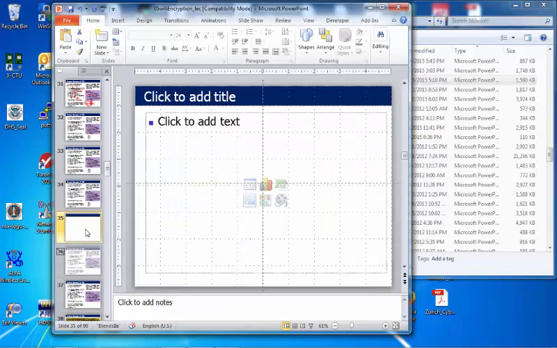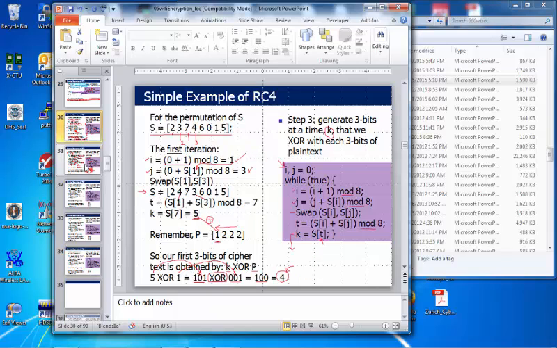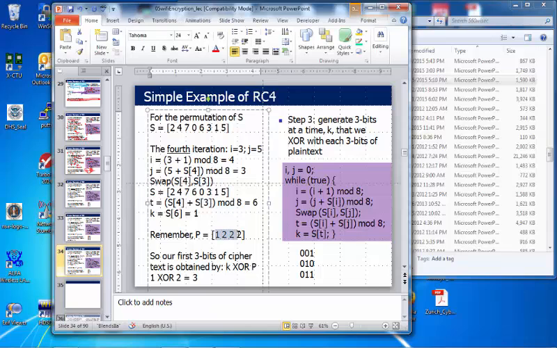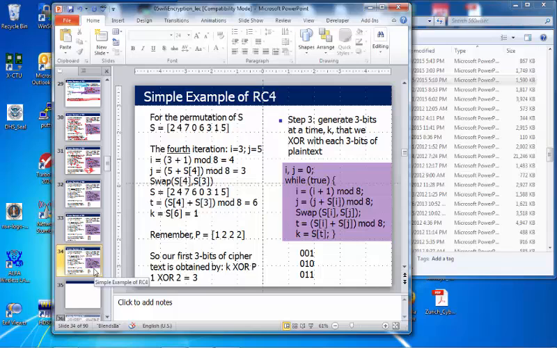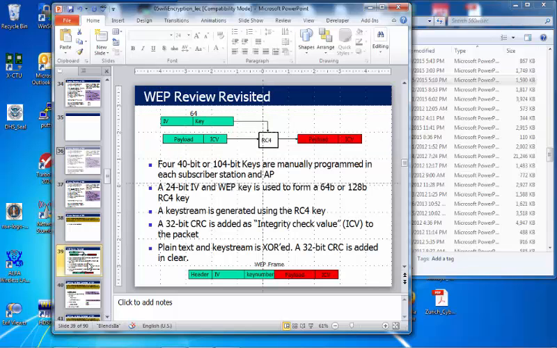Finally, what do we have? So 4, 4, 3, 2, 3. Yeah, 4, 3, 2, 3. So instead of this, 4, 3, 2, 3. Okay.